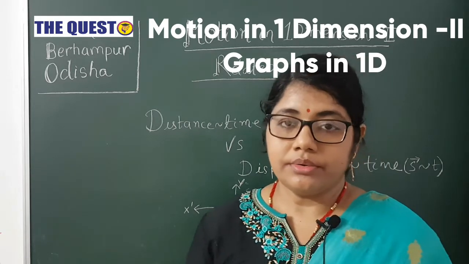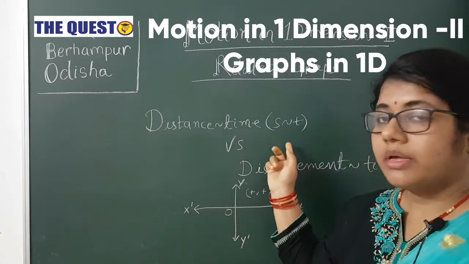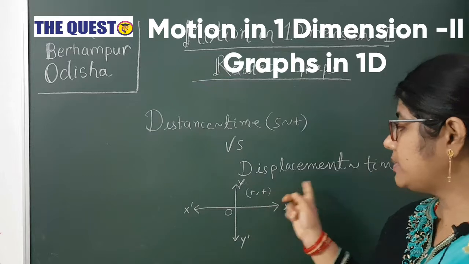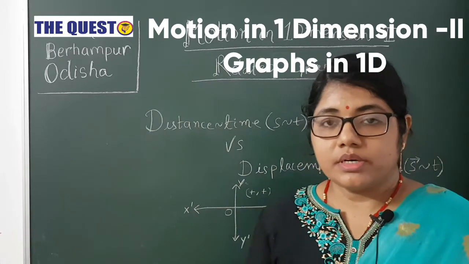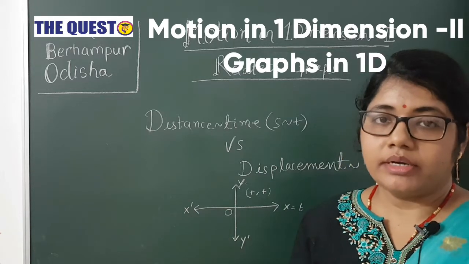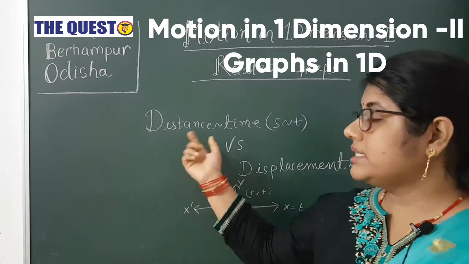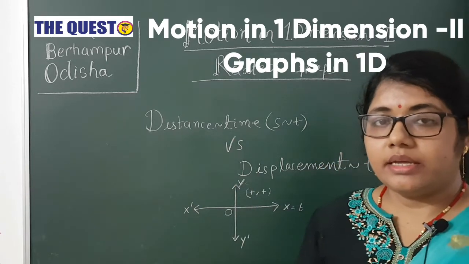To start the video, let us take an example of distance time graph versus displacement time graph. Most of us agree that both are the same, but we know that the distance is a scalar quantity as well as the speed.